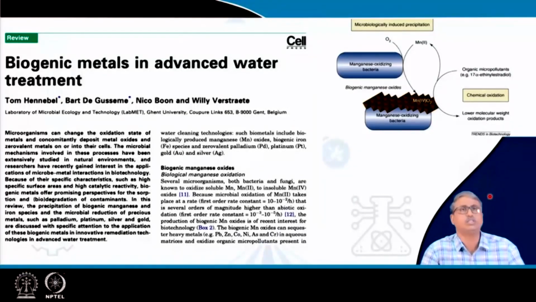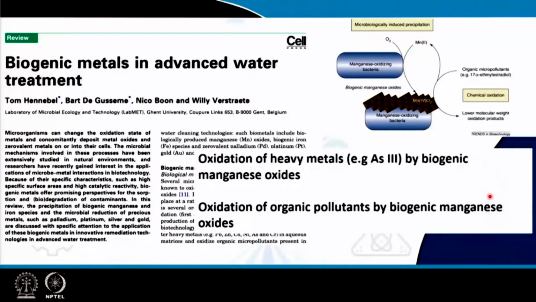These manganese oxide minerals, which are called biogenic minerals, can be utilized in treating wastewater and water, particularly when they have emerging pollutants, including some of the estradiol or other pollutants, and they can also allow removal of arsenic, because oxidation of arsenic 3 is possible by these biogenic manganese oxides, as is oxidation of organic pollutants even in micro quantity.